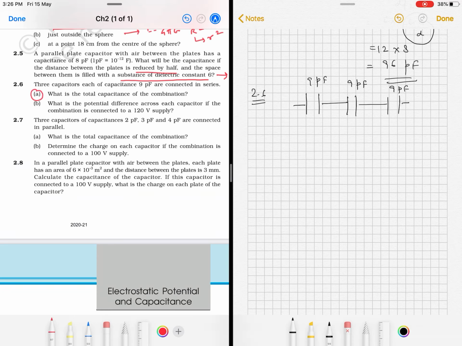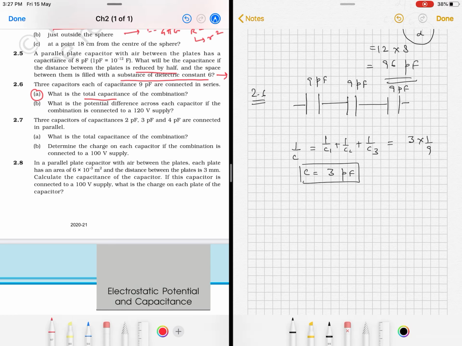First part, total capacitance. So 1 upon C is equal to 1 upon C1 plus 1 upon C2 plus 1 upon C3. So it is 1 upon 9 plus 1 upon 9 plus 1 upon 9, that is 3 into 1 upon 9. So C is equal to 3 picofarad.